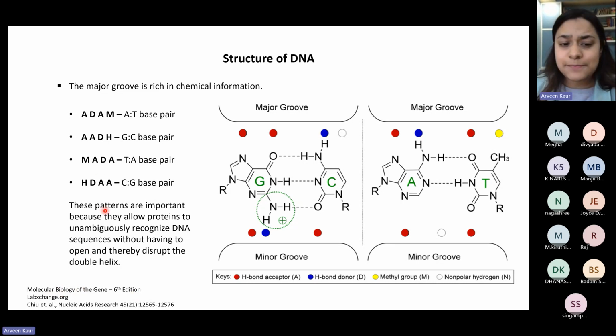Okay. So these patterns are important because they allow proteins to unambiguously recognize DNA sequences without having to open and thereby disrupt the double helix. So how do we say that the major groove is rich in chemical information? Because if such signatures exist, then without having to open the double helix, just by seeing these signatures from outside, some proteins will understand, okay, this particular region has an AT bond, maybe I have to go and attack this region.